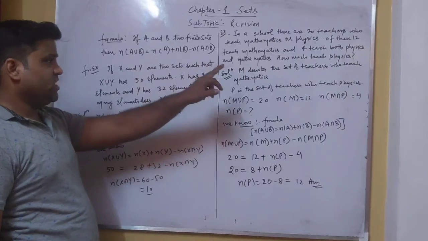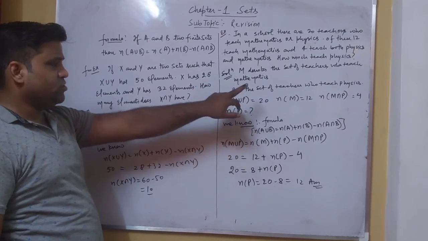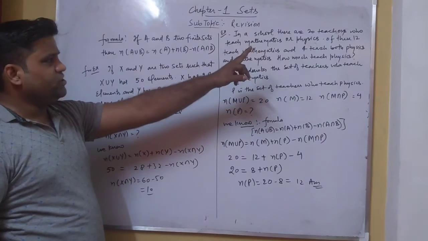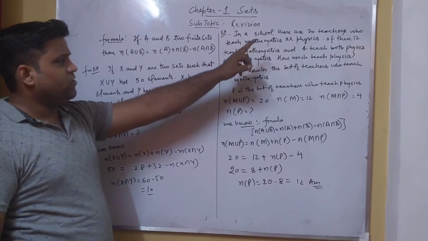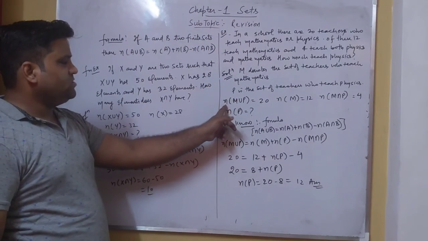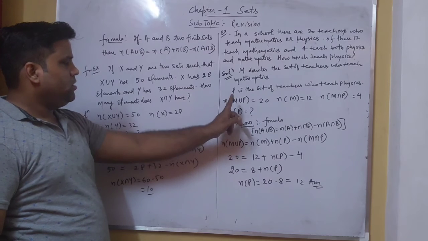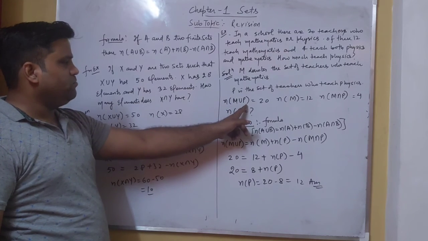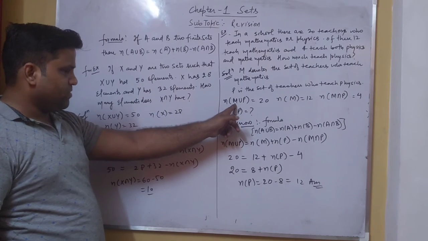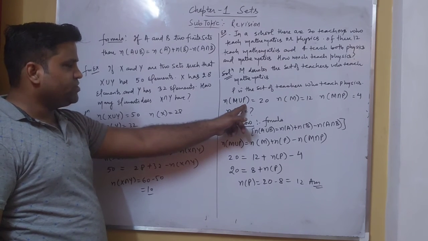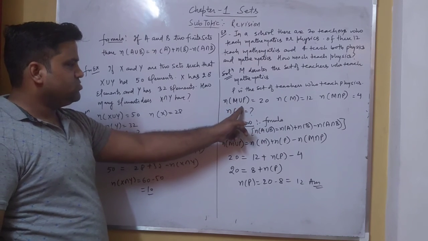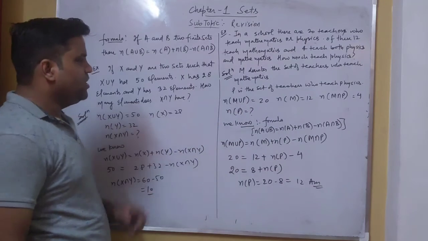Here M represents the set of teachers who teach mathematics, and P represents the set of teachers who teach physics. As given, we have 20 teachers who teach mathematics or physics. This representation is the union, so we write the number of elements in M union P, which is equal to 20.